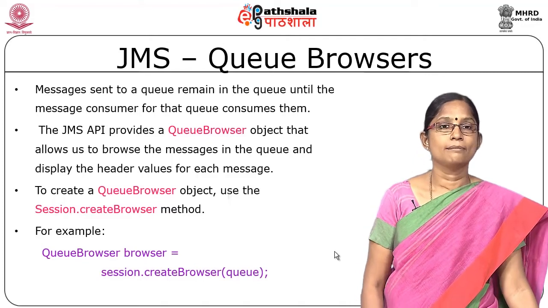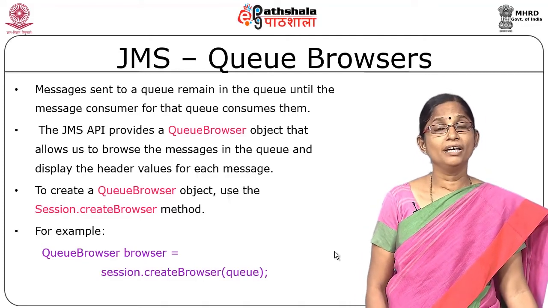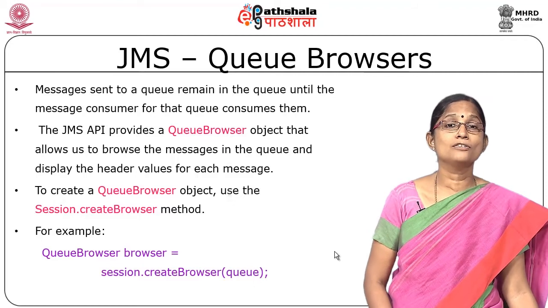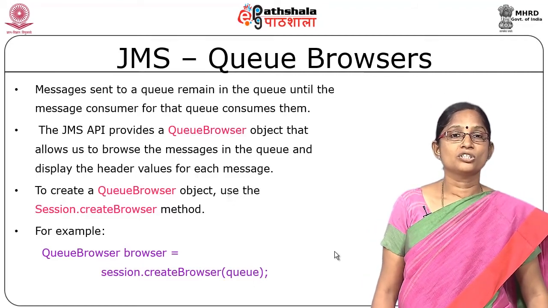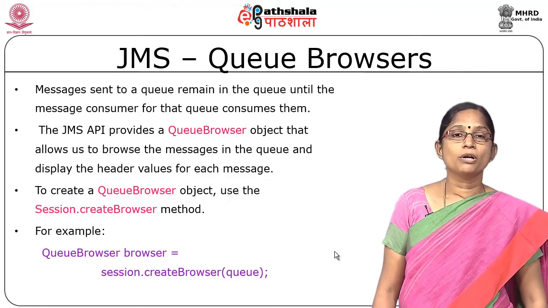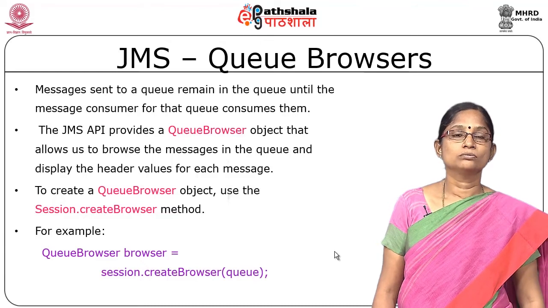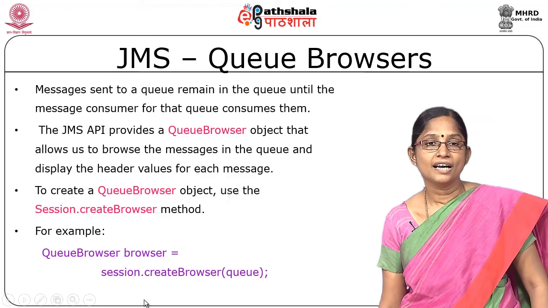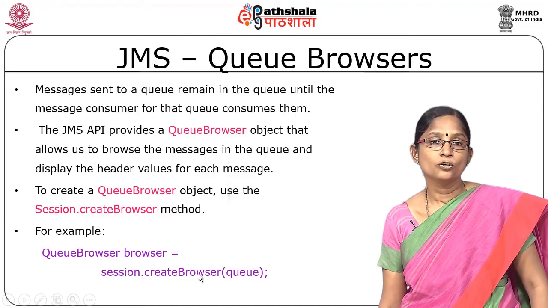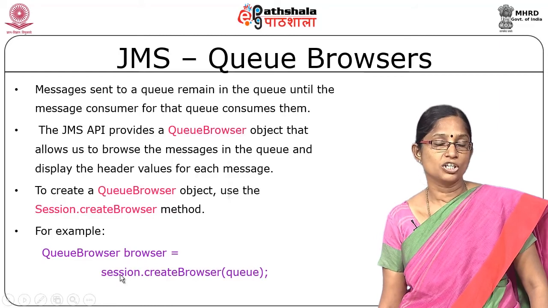In that case, messages sent to the queue remain in the queue until the consumer consumes the message from that queue. So, for that we can make use of the JMS API called the QueueBrowser object. This is used to browse all of the messages in the queue and it displays the header value for each message. Now, you can see that again we can create a queue browser, but this createBrowser method should be invoked over the session object.